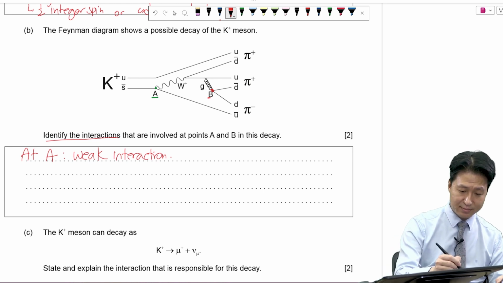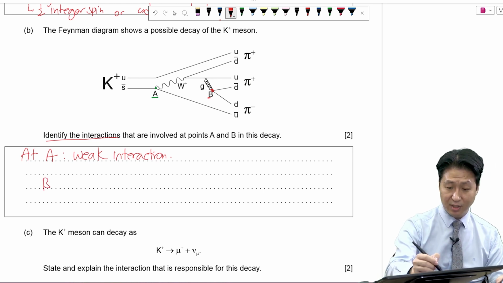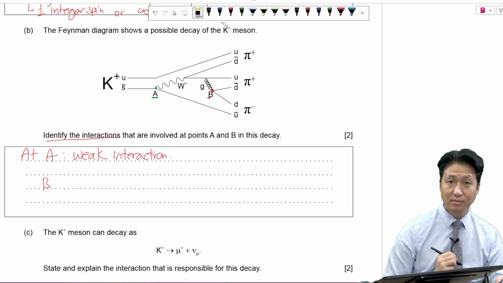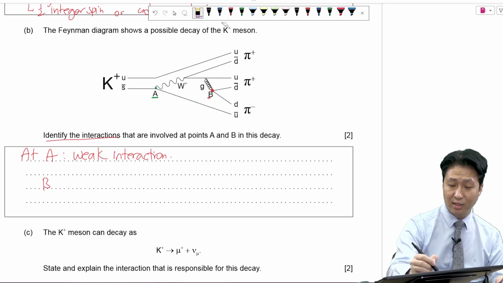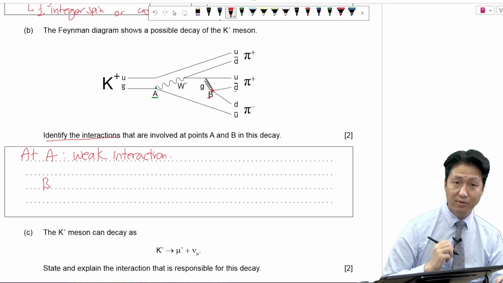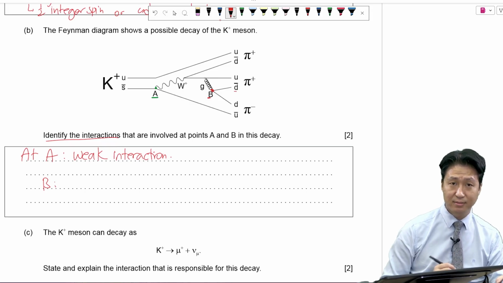What about B? In B, it's a gluon that decays into an anti-up and down. A gluon would be a strong interaction.